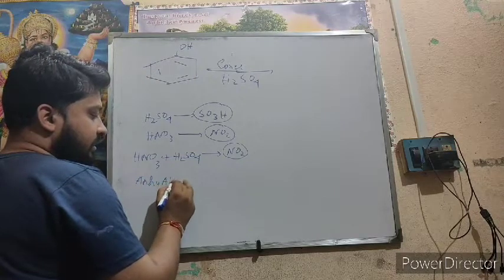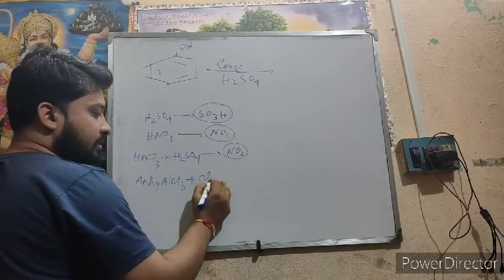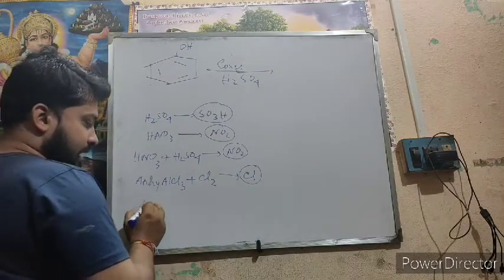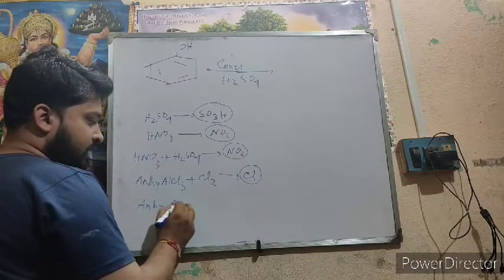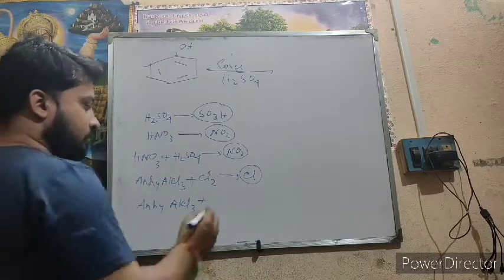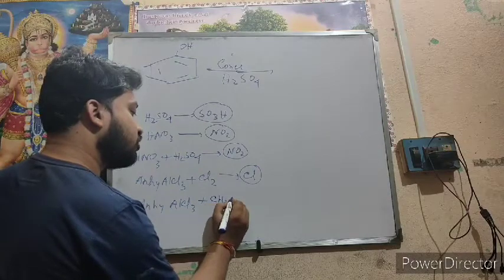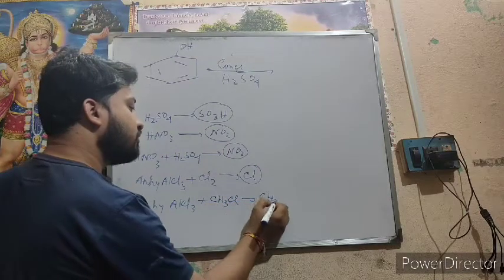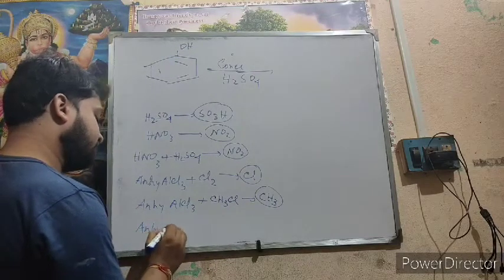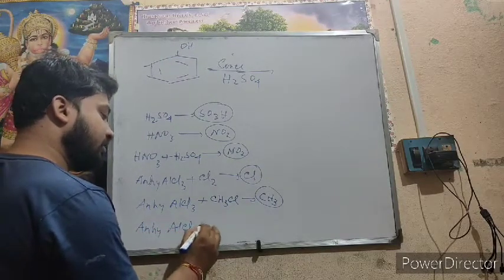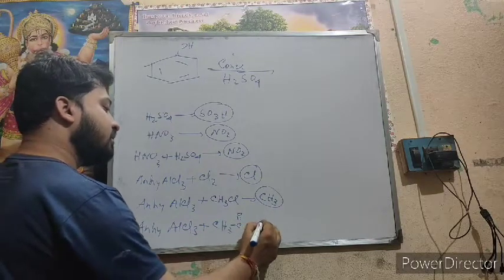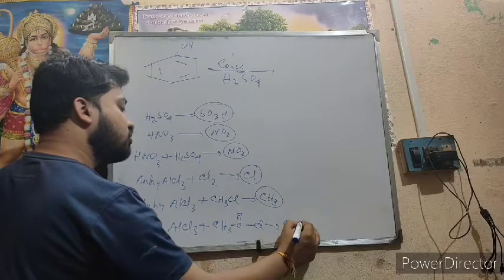Anhydrous AlCl3 and Cl2 give you Cl as the electrophile. Anhydrous AlCl3 and CH3Cl give you CH3. Anhydrous AlCl3 with acyl chloride gives you COCH3.